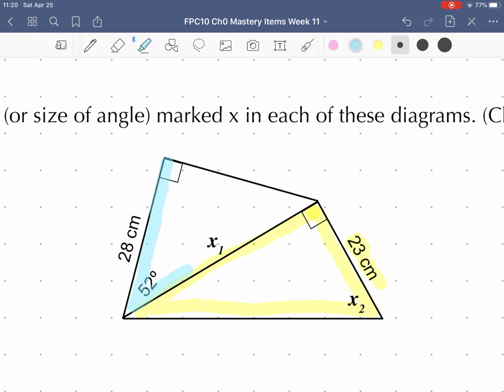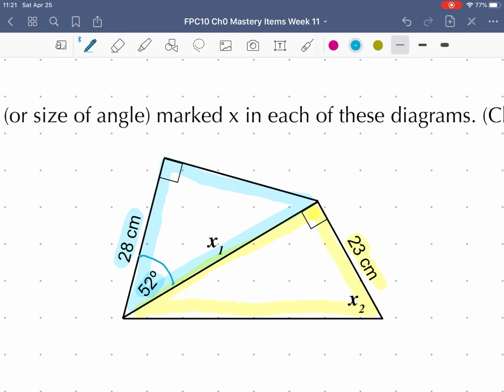Here's our second triangle. We know two pieces of information, so we can figure out the rest of that triangle. Anytime you have a right triangle with two known pieces of information other than the right angle, you can solve the rest of the triangle.